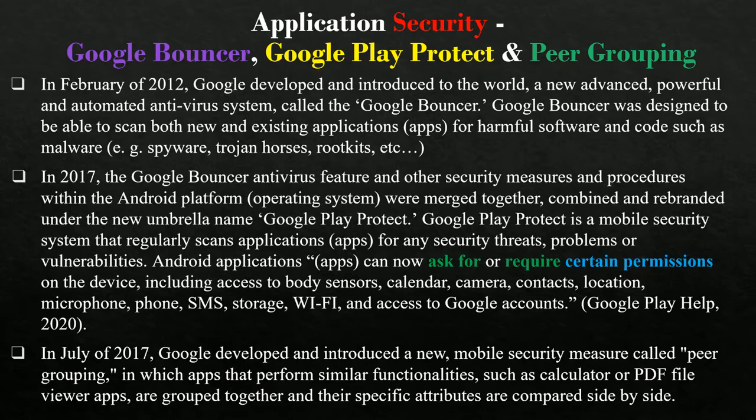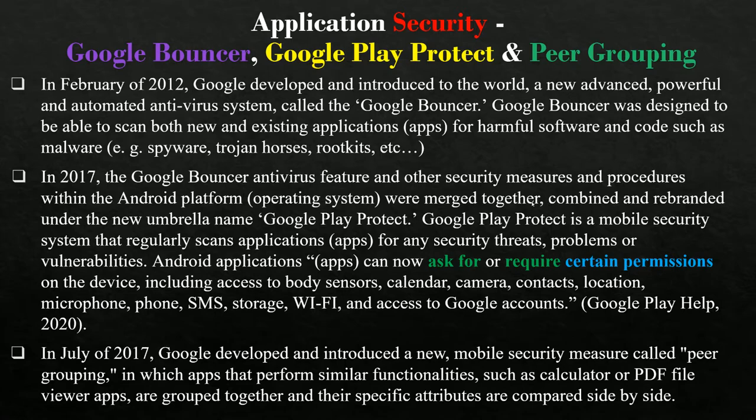It's kind of redundant considering they should already be doing that during their screening process when the app is uploaded to the store, but it's there. You can also download third-party apps such as Norton or Bitdefender, which have their own protection, if you don't trust Google Play. But that's essentially what Google Play Protect was supposed to be: an antivirus built into your phone.